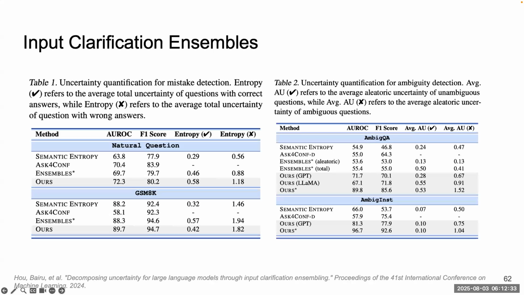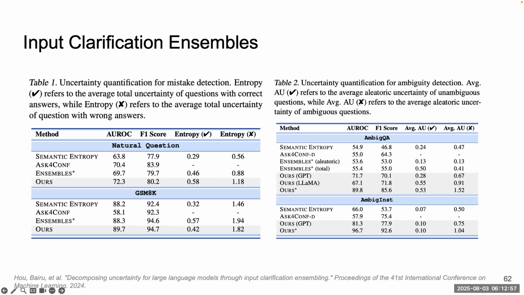And then table 2 is showing the ambiguity detection. So this is where the input clarification ensembles actually applies, because it clarifies whether certain inputs are ambiguous or not. And again, you can see their method demonstrates superior performance over other baseline methods.